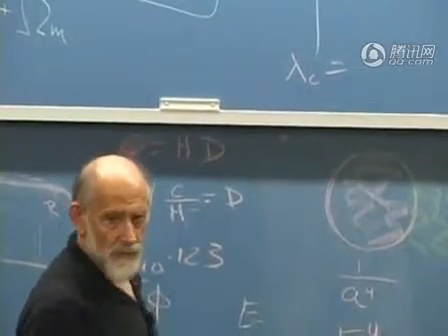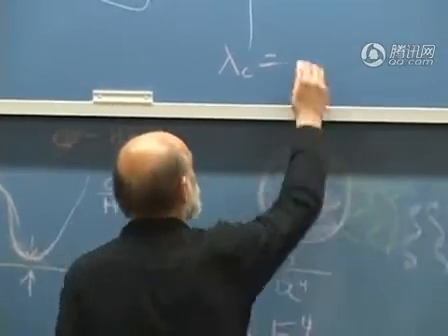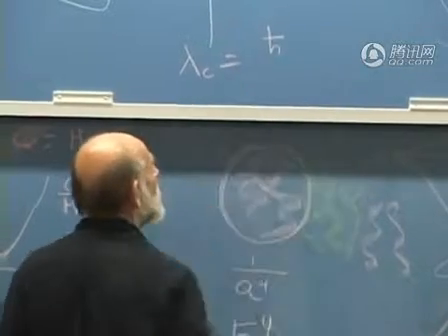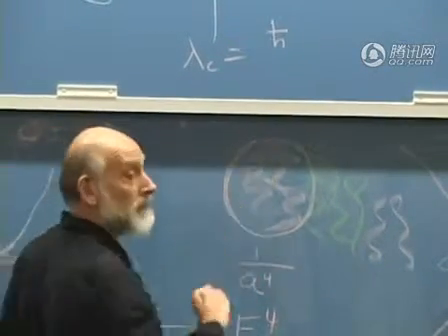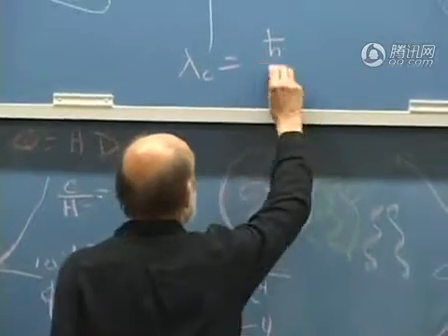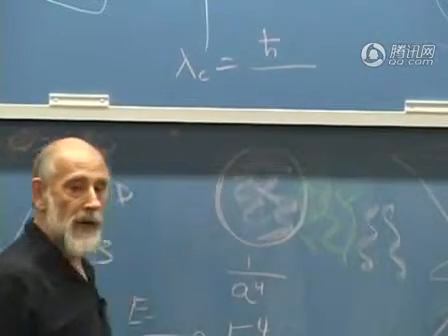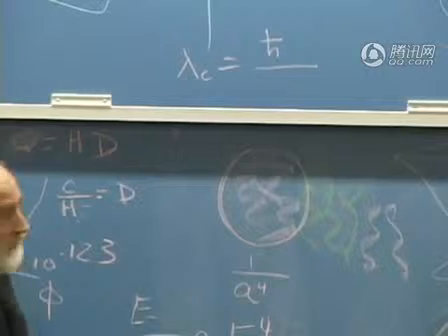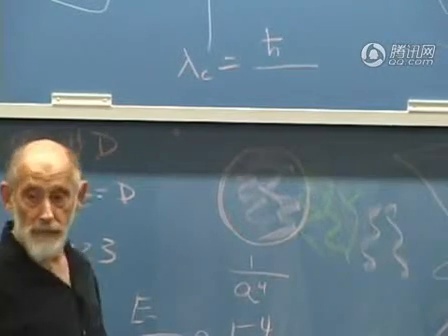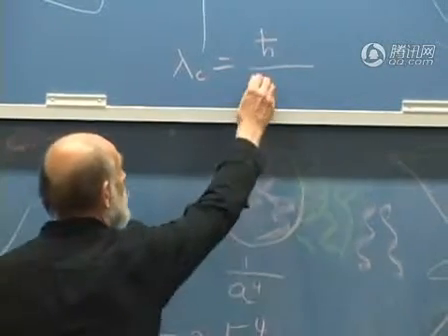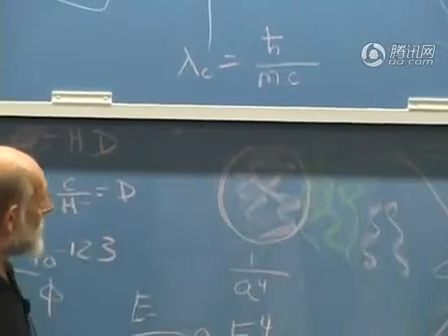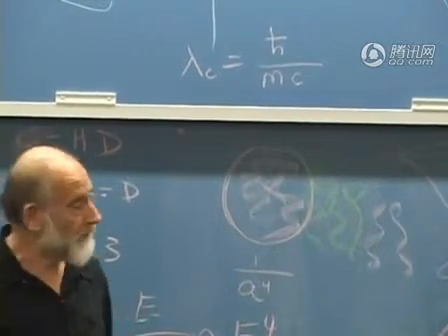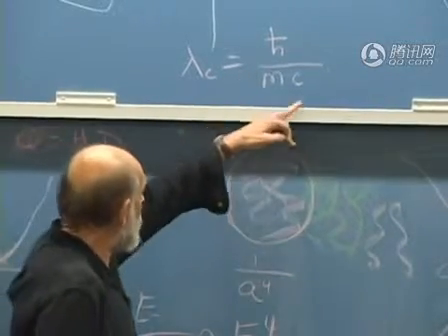It's got an h bar in it. It's quantum mechanical. Well, h bar over momentum, but we're talking about now a particle of a given mass, so it has to have units of mass times velocity, m times c. H bar over mc is the Compton wavelength. So we know that h bar over mc has units of a length.